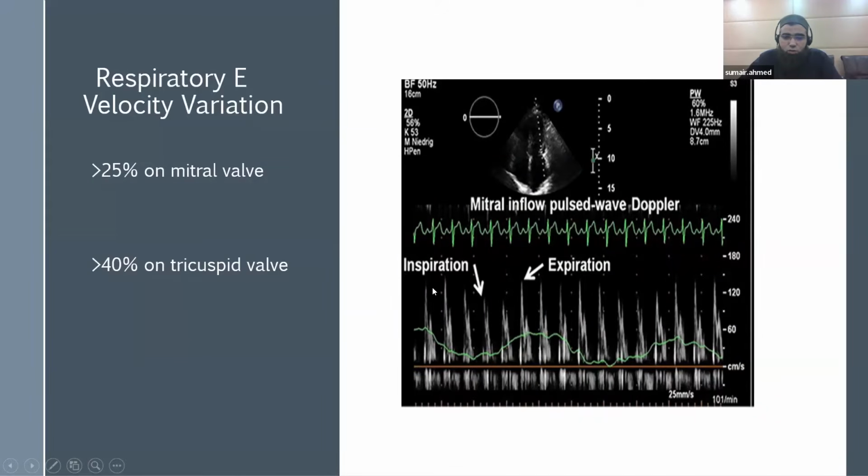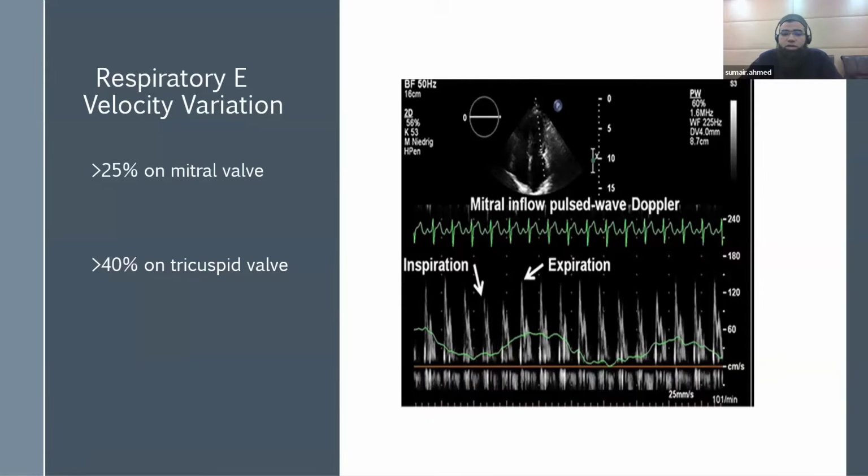And we all know that during the inspiration, the LV filling decreases. Therefore, this E velocity decreases, and during expiration, E velocity increases.